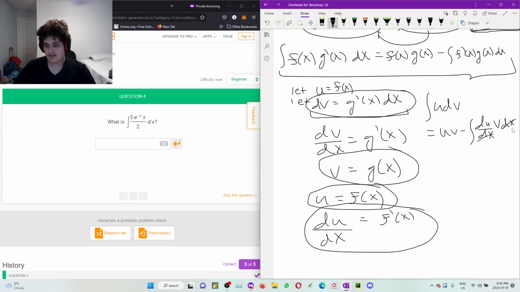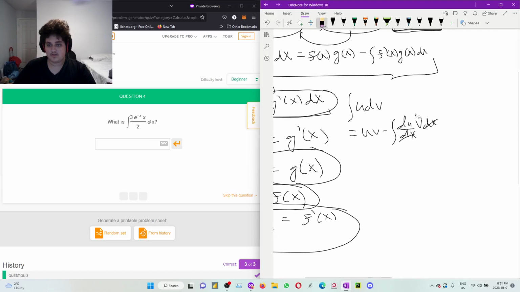Okay, that looks better. So this is the formula we will be using, and instead of u dv, I'm just going to write v du. This formula is what we will be using to solve all of these questions.